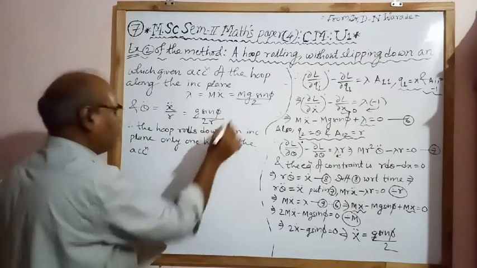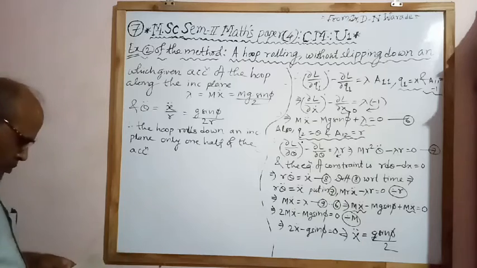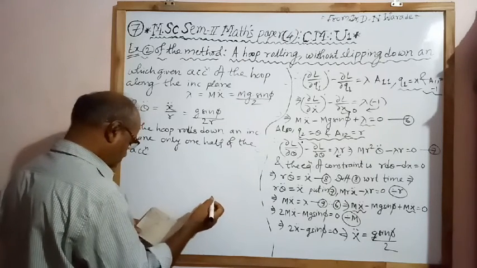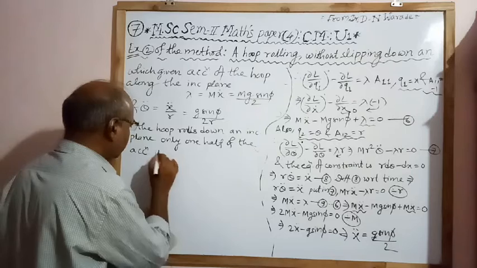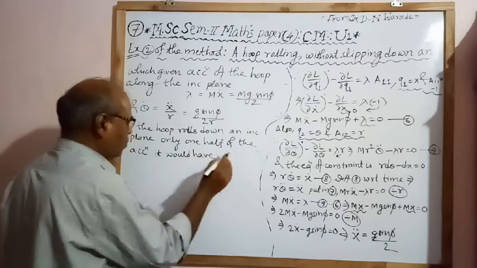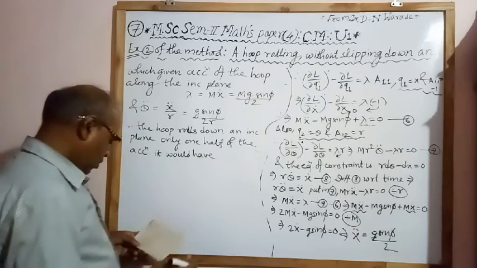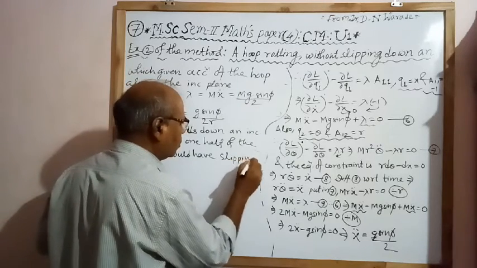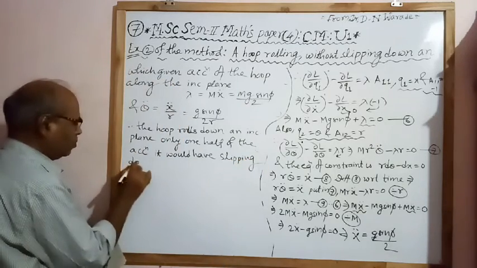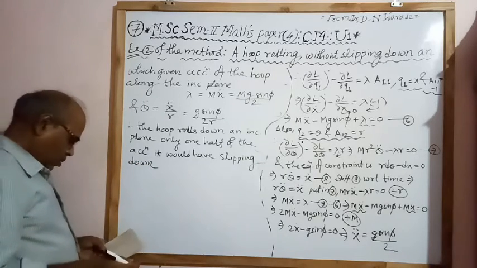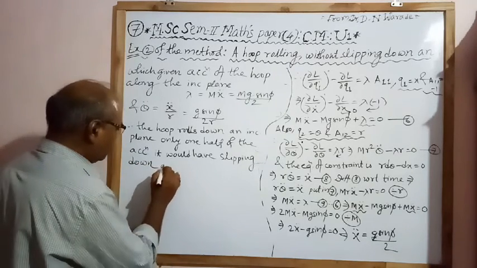You see from this equation how it would have been slipping down in a frictionless plane.